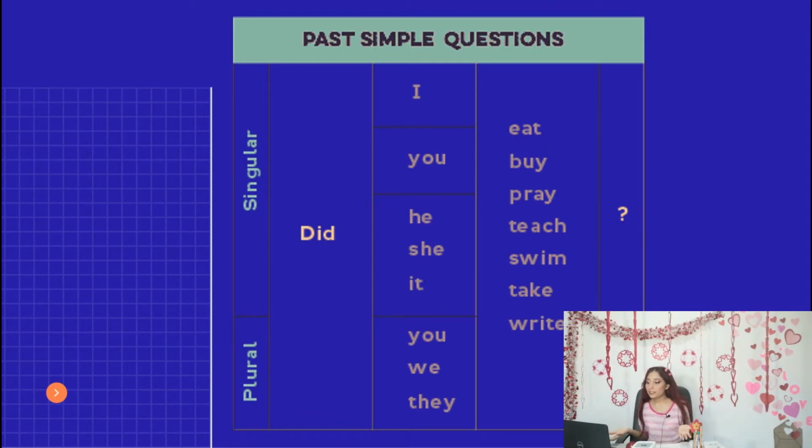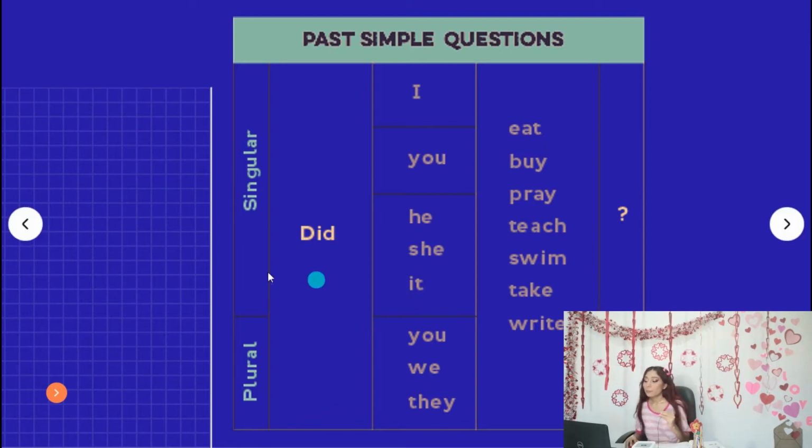Why? I've already explained yesterday that you cannot use two verbs in past in one sentence or in one question, okay? Because did is already in past. So as you can see, all of these verbs are in present. Eat, buy, pray, teach, swim, take, write. All of them are in present. So please follow this structure.